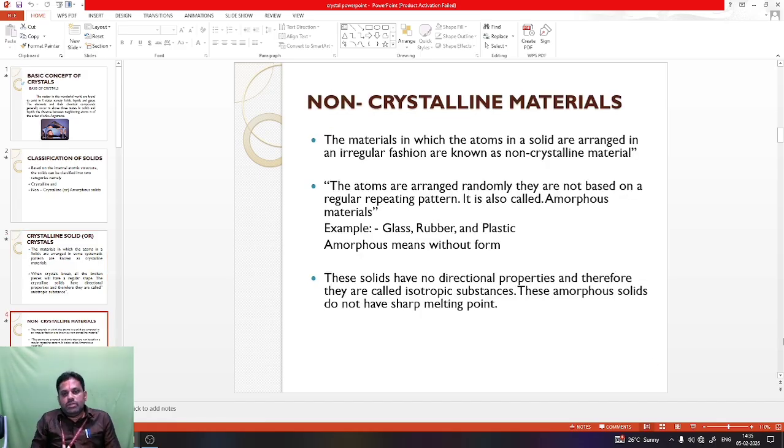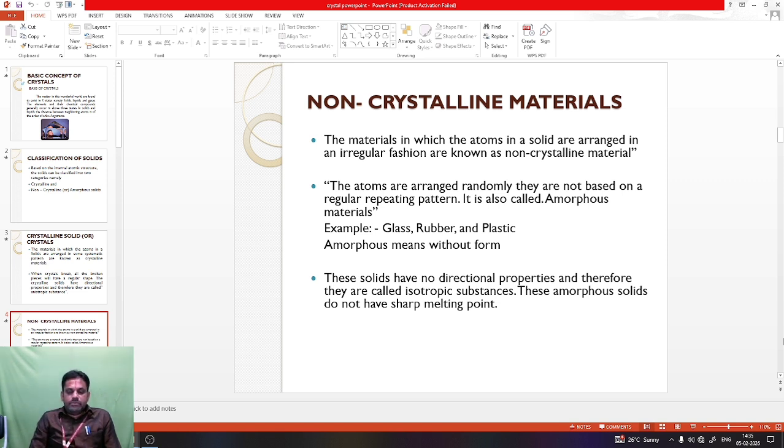So what about non-crystalline materials? In non-crystalline materials, the atoms are arranged in an irregular and non-periodic manner. In a crystal, one assembly of atoms or molecules is separated from the next with equal distance everywhere in the three-dimensional arrangement.